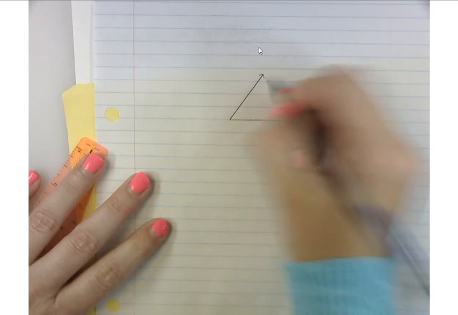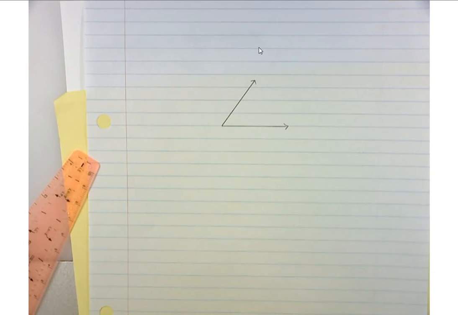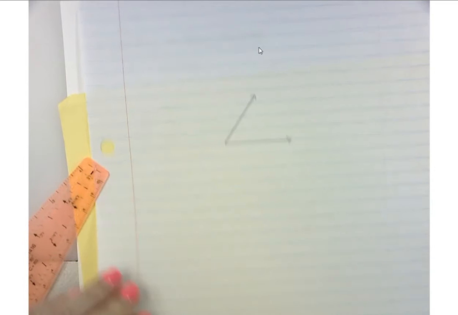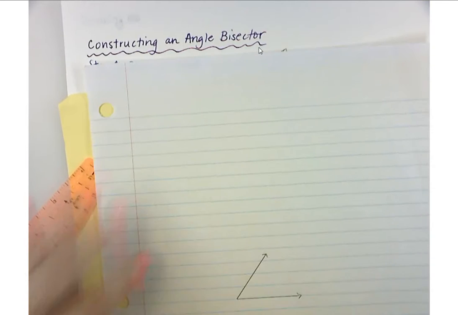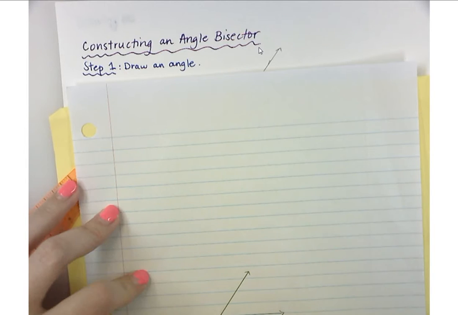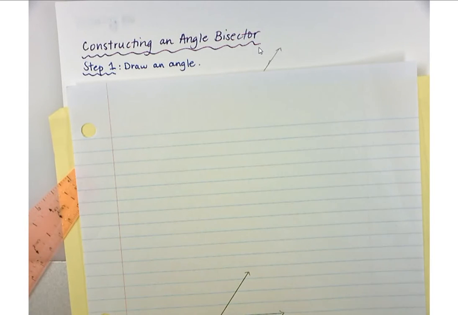Nope, the measure of it doesn't matter. We're just anything that's acute. So anything that's less than 90. Okay, and then at the top you have your constructing an angle bisector. You have step 1, which is draw an angle.